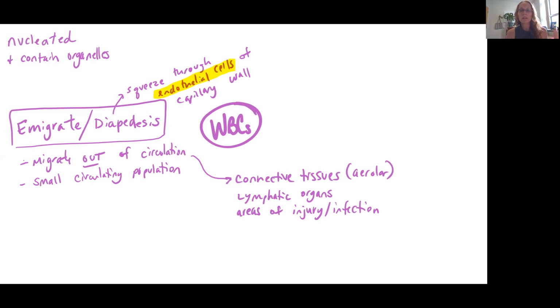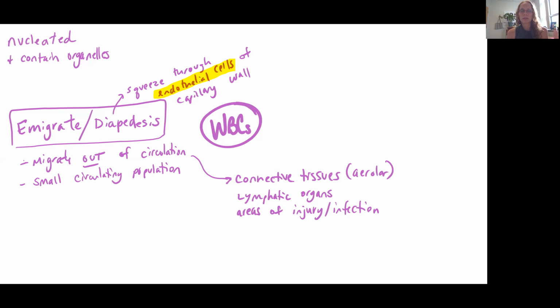And we will see then that the white blood cells will be taking up residence in connective tissues. So think of areolar as a key example, but not the only example. We will find white blood cells in our lymphatic organs. So we're going to be talking about these again in chapter 22.